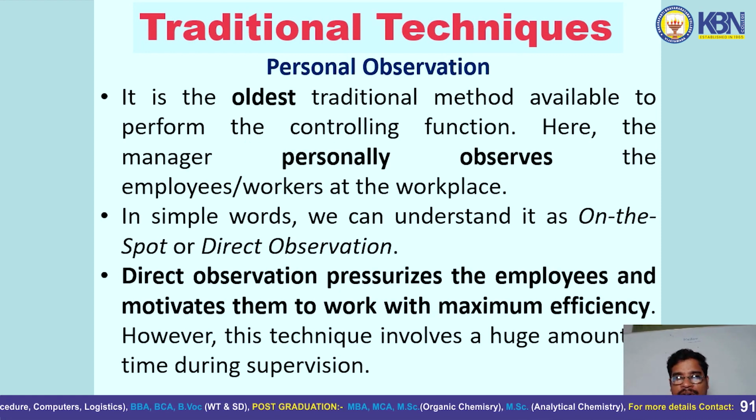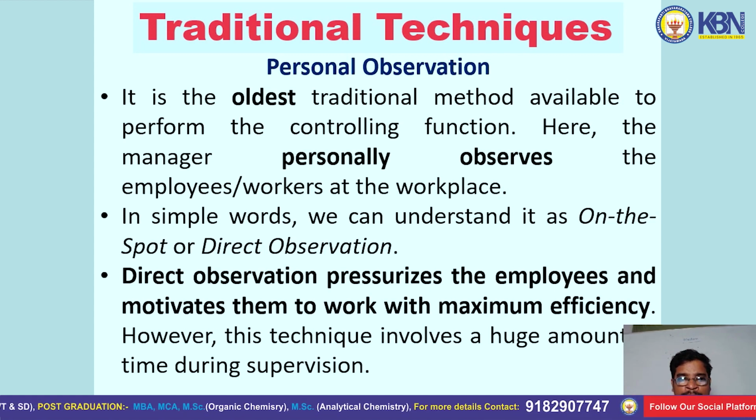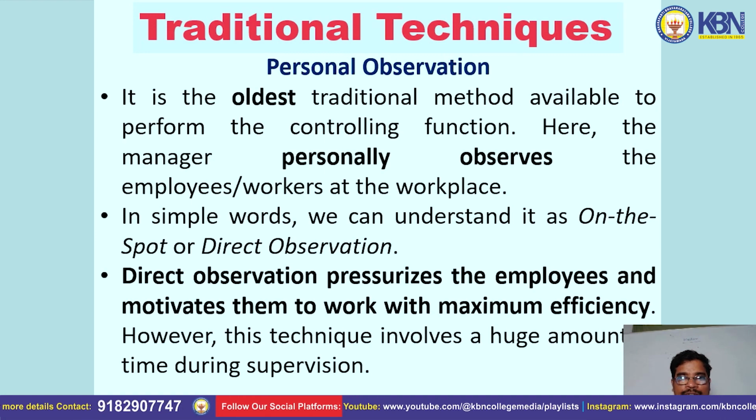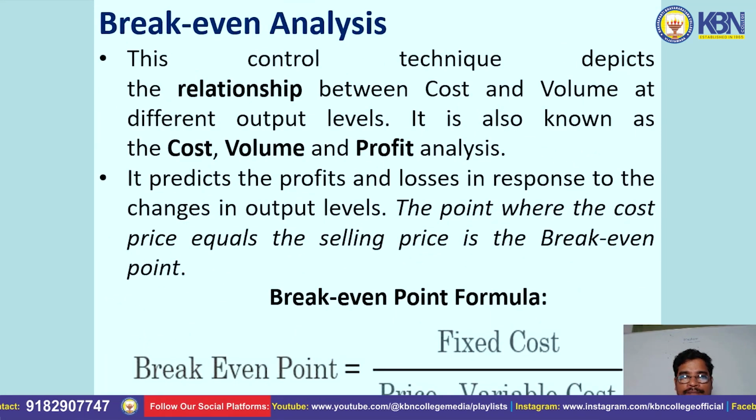In simple terms, we can understand personal observation as on the spot or direct observation. Direct observation pressurizes the employees and motivates them to work at maximum efficiency. So this is the first method, personal observation.